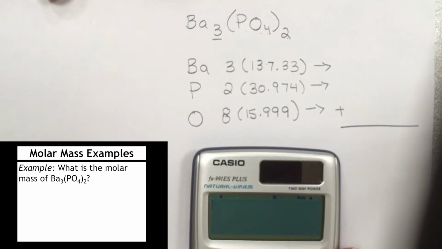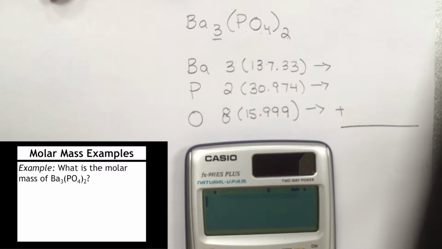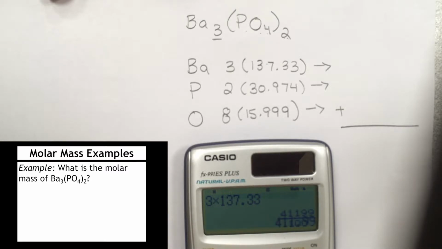Calculator, go. So first one, 3 times 137.33, and that's 411.99.